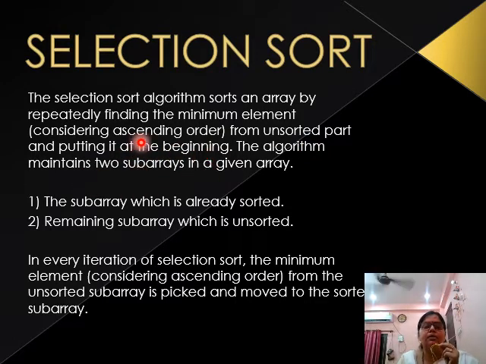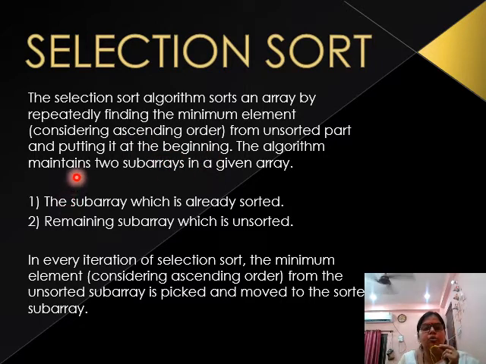We consider the zero position element as the smallest element, and then check it against the adjoining elements. In a loop we check all the elements, and when we get a number smaller than the one we have taken, we replace it. Okay, this is your selection sort.